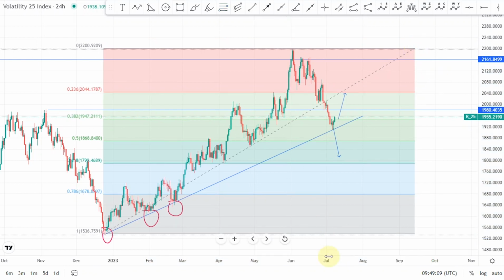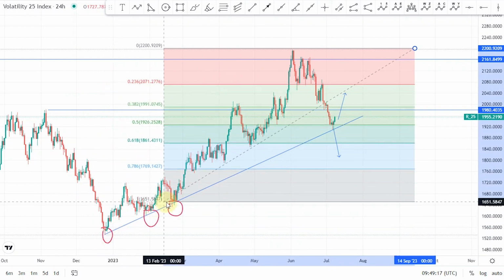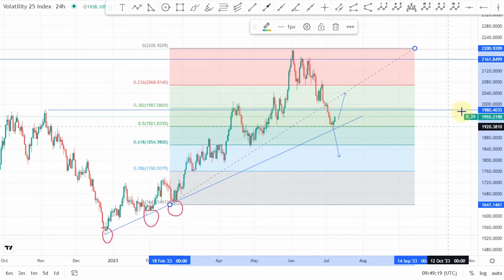So in drawing this Fibonacci level, we have to take from the last contact to the present contact. And when we do that, we can see that price is on 0.50 Fibonacci retracement level. But still, that is not a full confirmation.